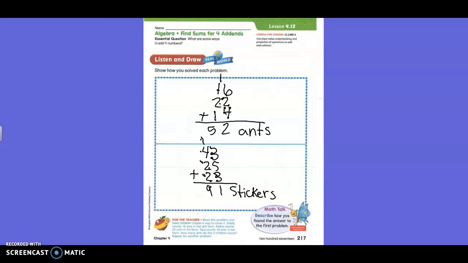Turn to the next page and you have that done. Alina, are you done? Okay, next page.